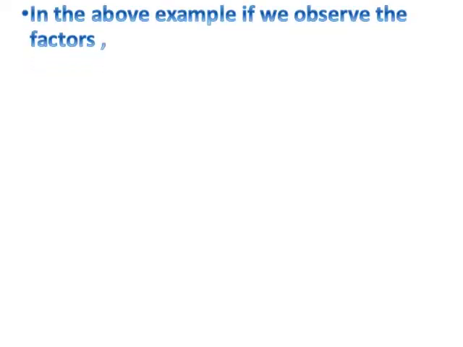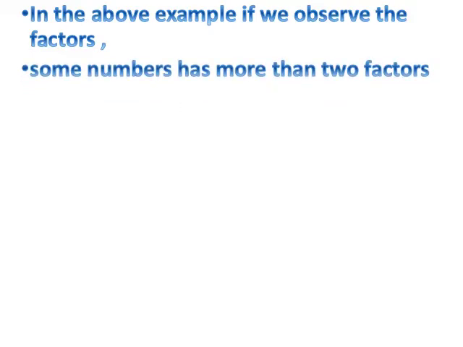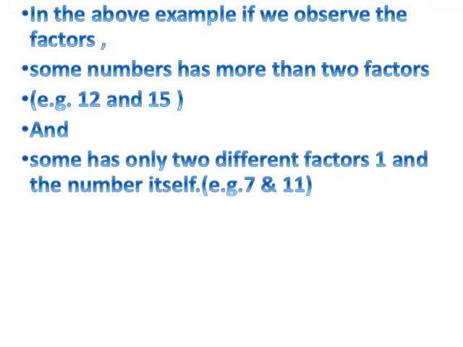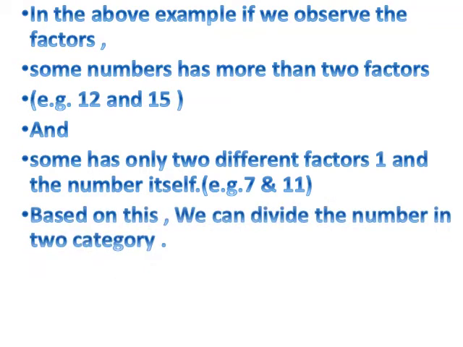In the above example, if we observe the factors, some numbers have more than two factors, for example 12 and 15, and some have only two different factors, 1 and the number itself, for example 7 and 11.